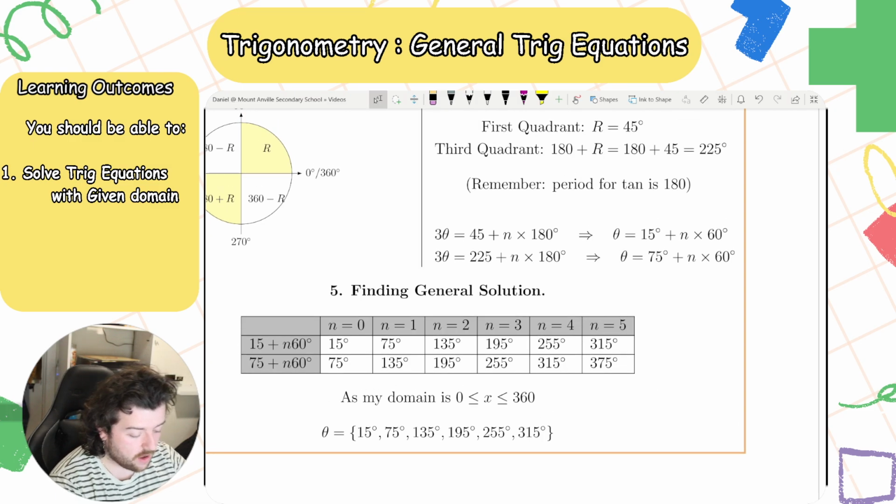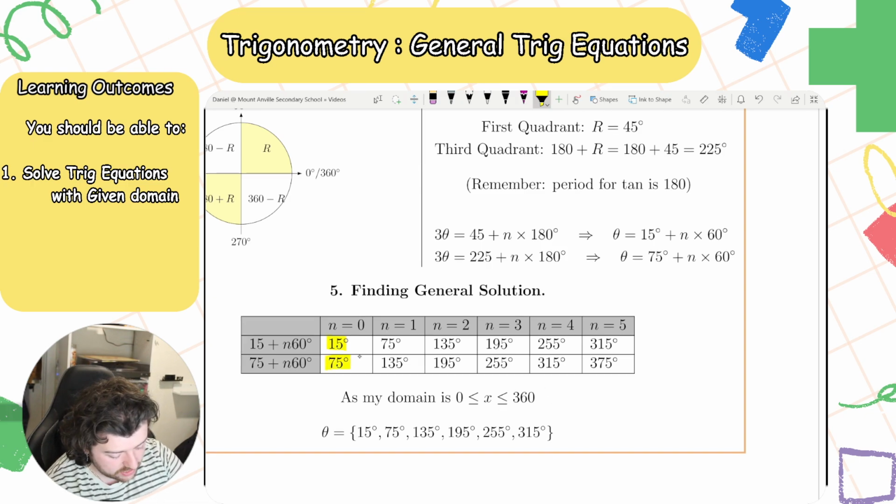So if you recall, I'm working between the domain 0 and 360, so it's going to be up to this solution. I don't need to repeat solutions, right? So 15, 75, 135, 195, 255, and 315. And they are all of my solutions there.